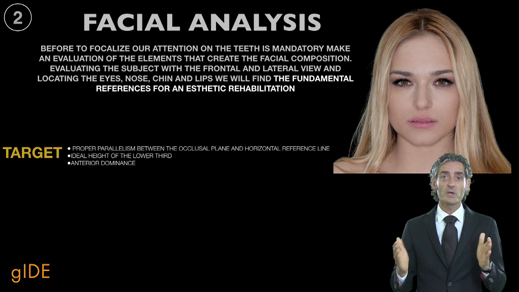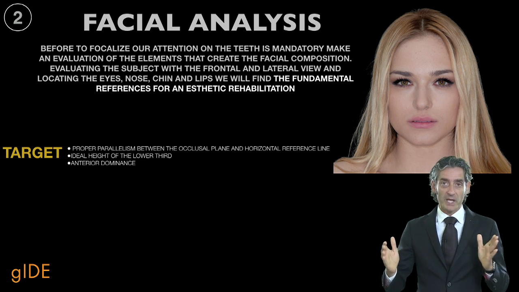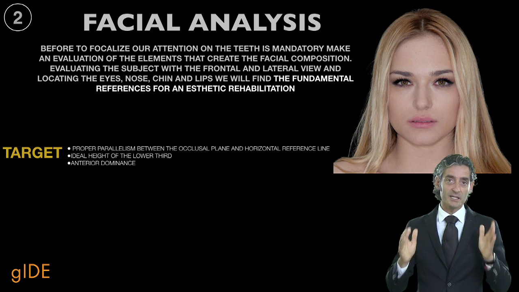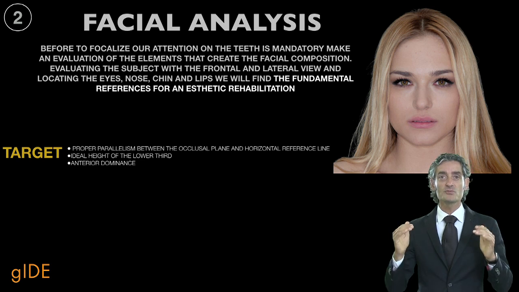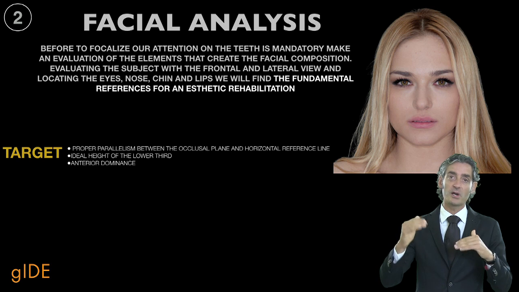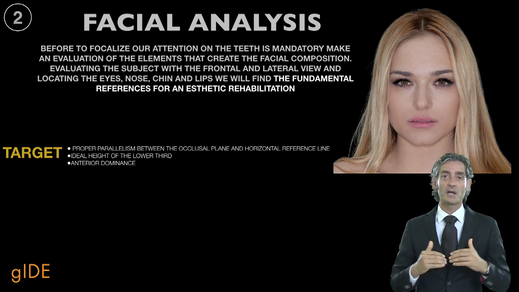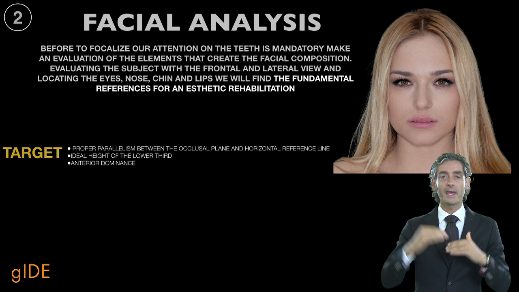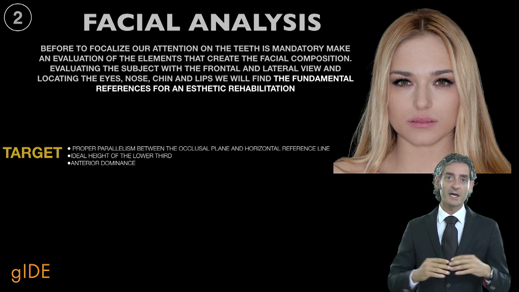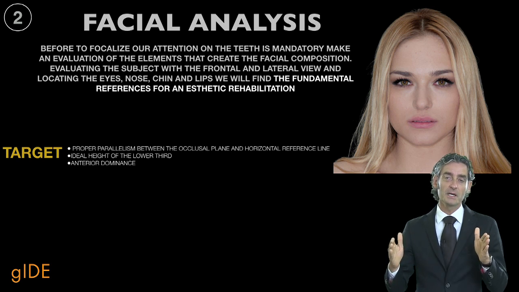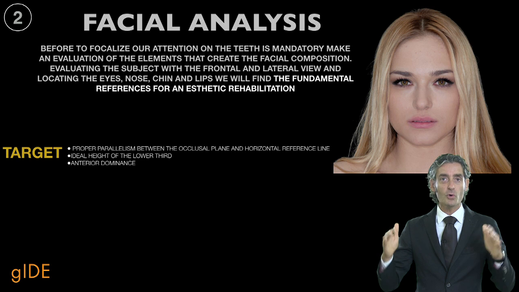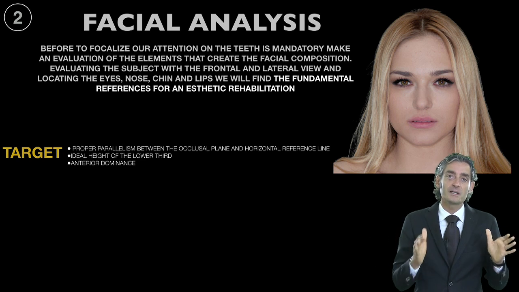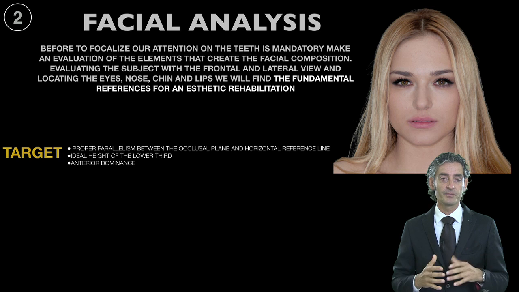In this case we have to detect whether there is a parallelism between the bipupillar line and the commissural line, and then we have to judge whether we are going to keep the bipupillar line. If there is a discrepancy between these two lines, the commissural and the bipupillar line, we sometimes have to find an average line or the horizontal line, or sometimes we prefer to stay close to the inclination of the commissural line.